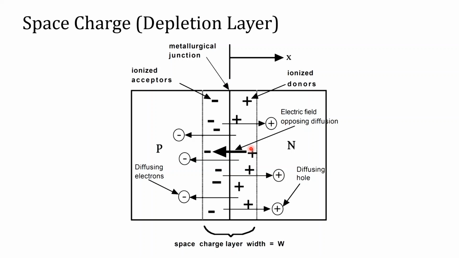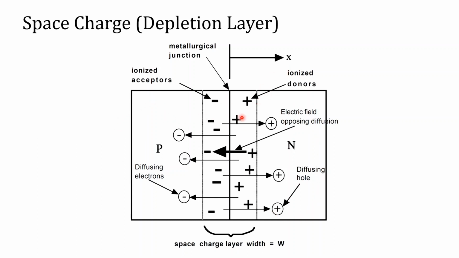Now what happens when a p-n junction is formed? Here holes are majority carriers and here electrons are majority carriers, and here holes are minority carriers and here electrons are minority carriers. That means holes are in large number here and in less number here.